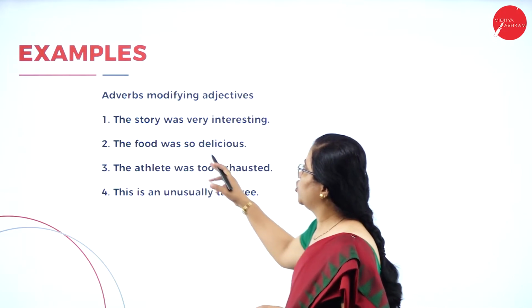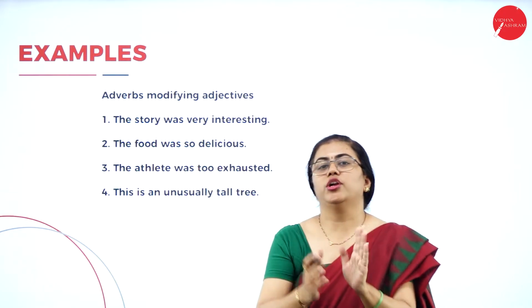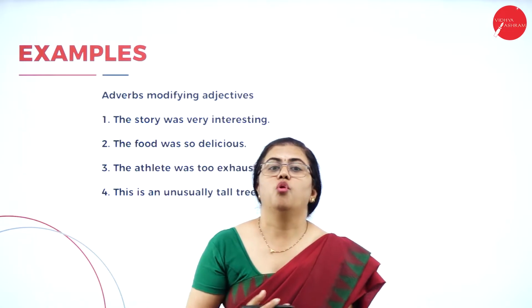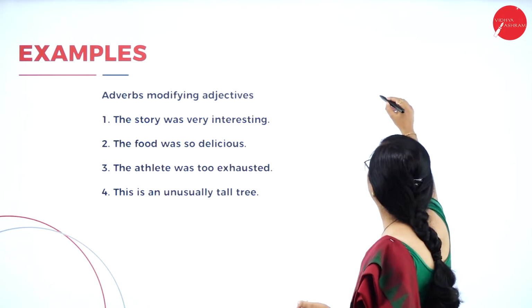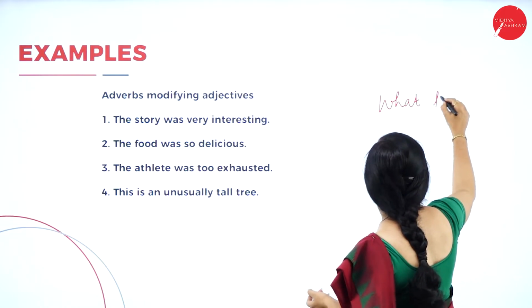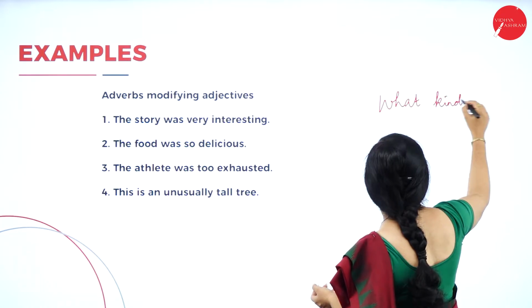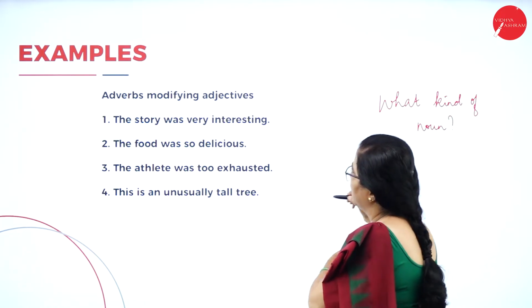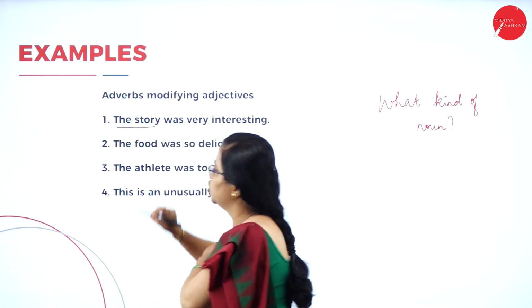The story was very interesting. In order to identify the adjective, what do you have to do? You just have to ask the question, what kind of noun? The noun you are identifying here is the story.